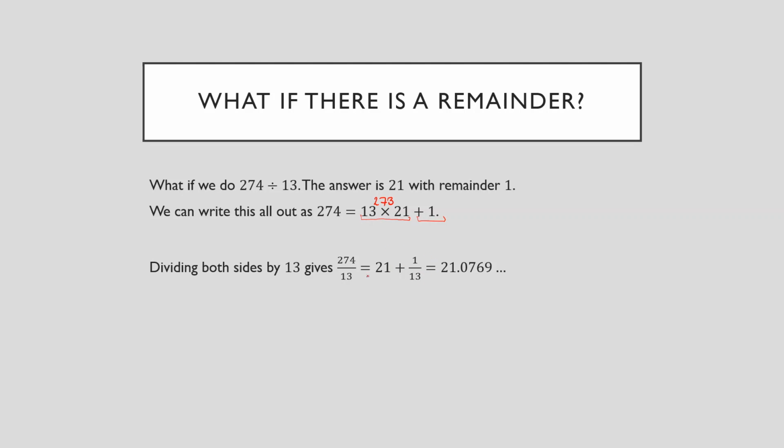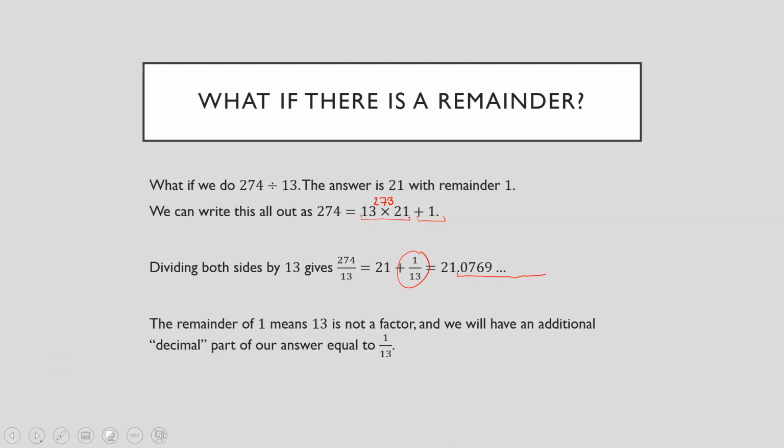This gives you the actual answer to our original division. 274 divided by 13 is 21 and 1/13. Or if you prefer decimal form, it's 21.0769, where this 0.0769 comes from here.